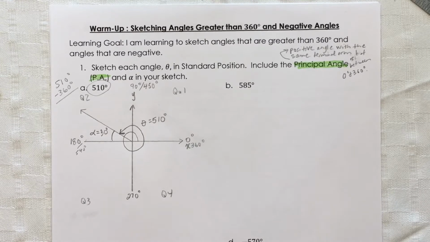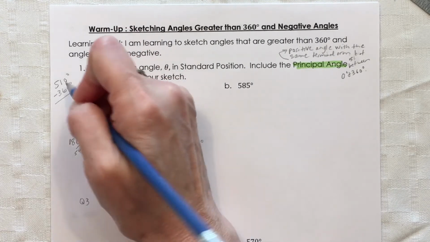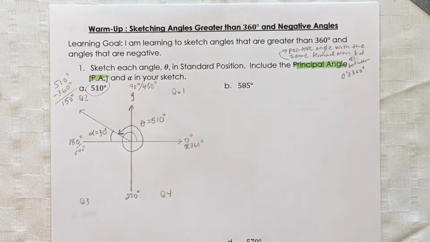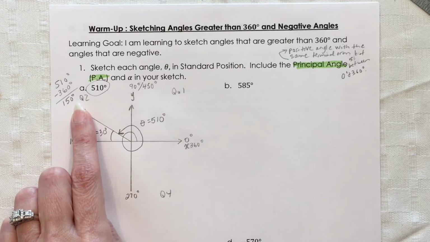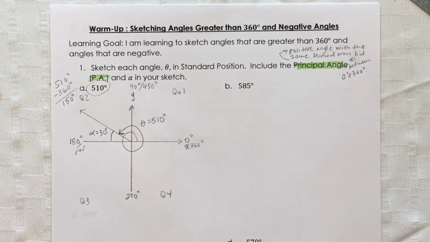Okay, so the principal angle of this one is 150. So 510 minus 360 was 150. So that is the angle between 0 and 360 that has the same terminal arm as 510.